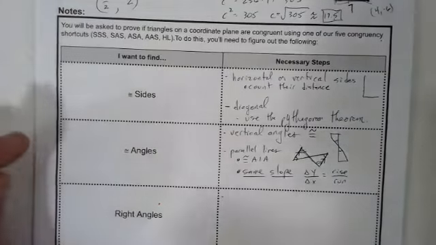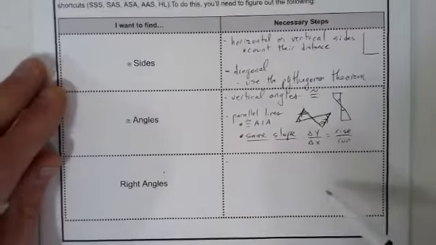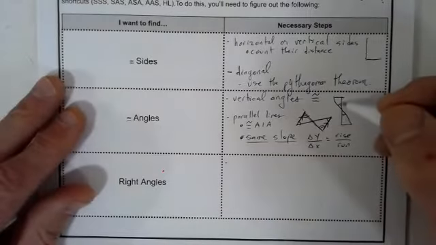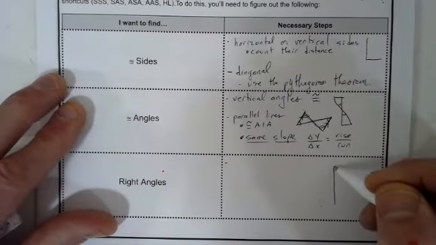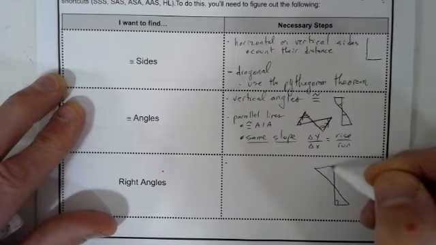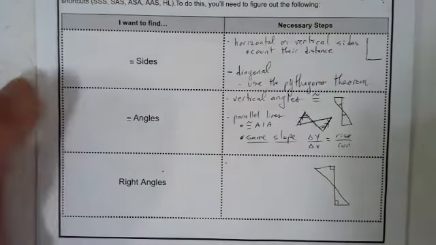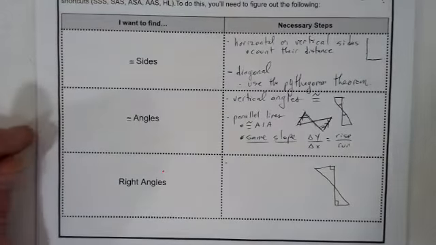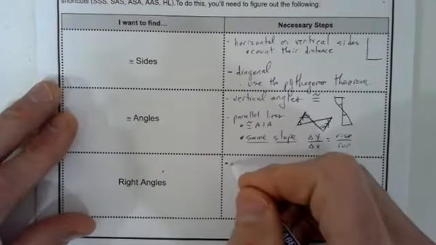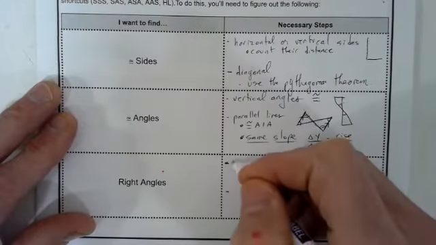Okay. All right, now the last one down here is right angles. Sometimes we want to prove that we've got right angles. Maybe up here in these two triangles, for example, I'll redraw it. We want to prove that these two angles here are right angles. Maybe we need side angle side or something like that, angle angle side. Well, what we need to do is first check and see, are they vertical?